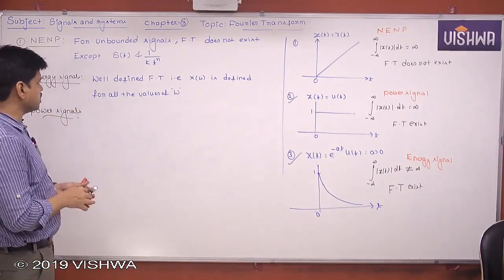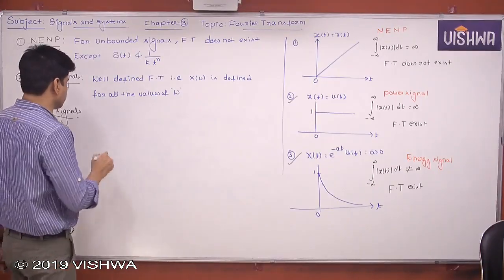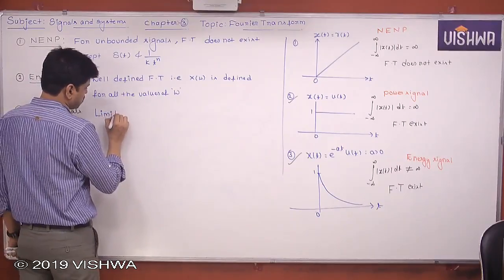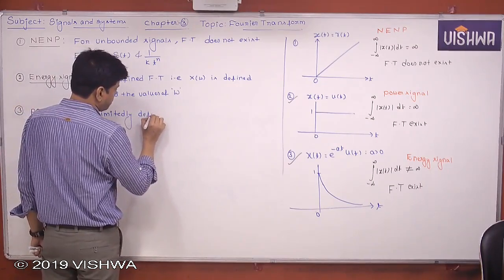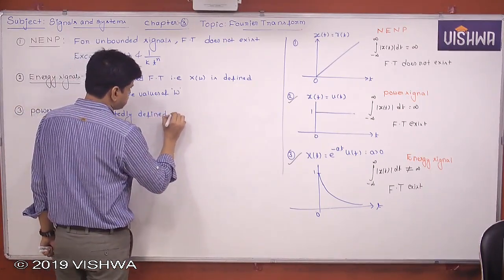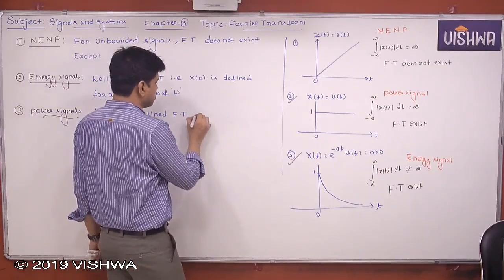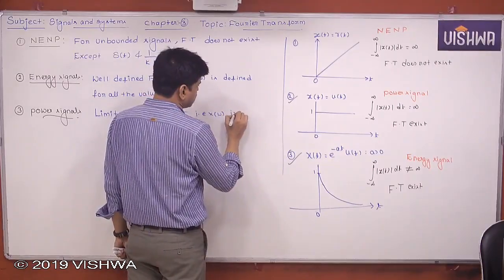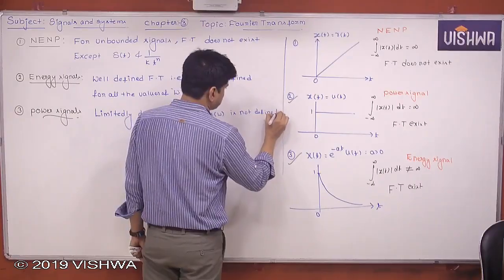For power signals, we have the Fourier transform, but it is a limitedly defined Fourier transform. That is, X of omega is not defined.